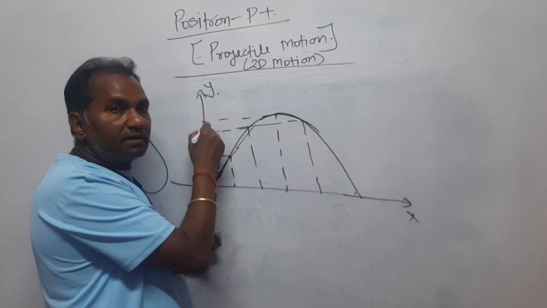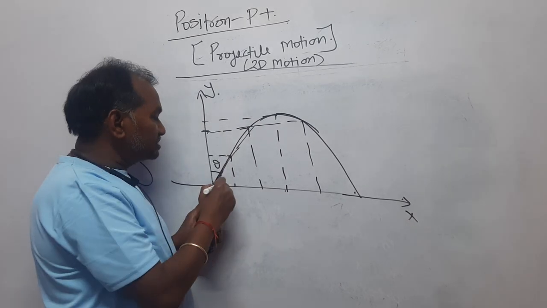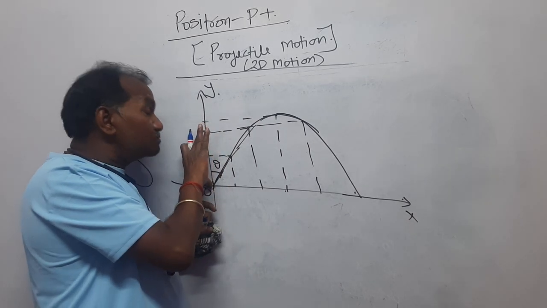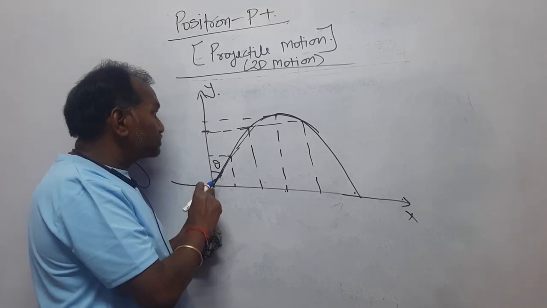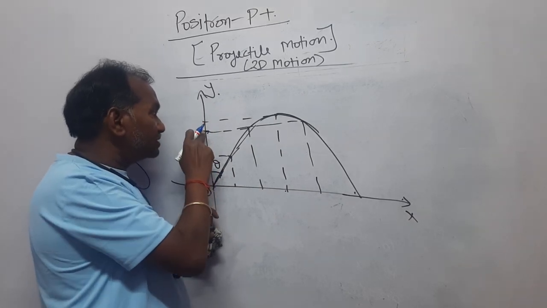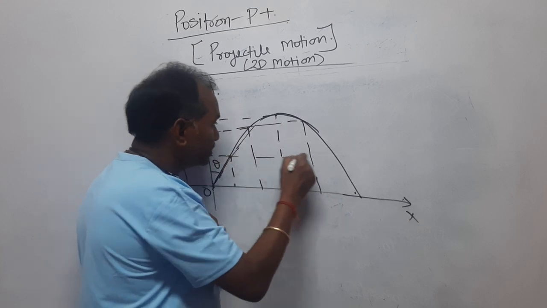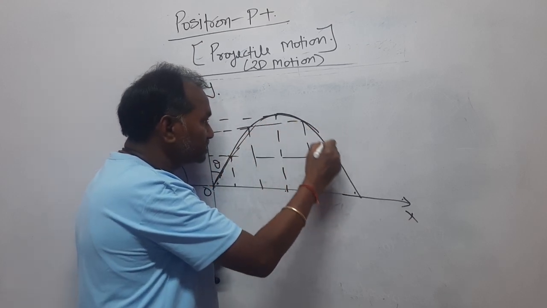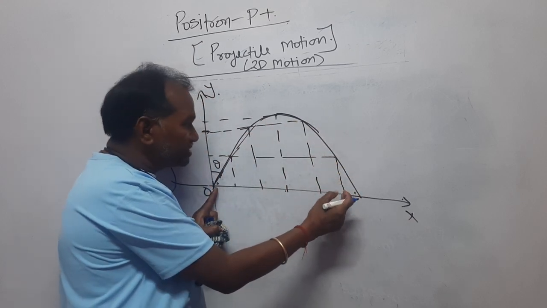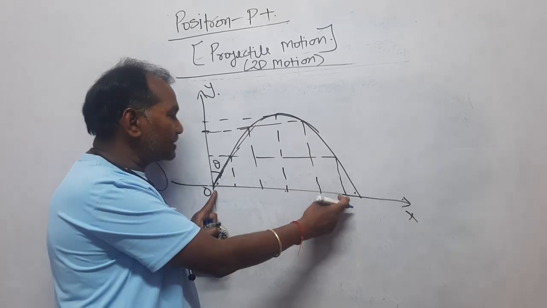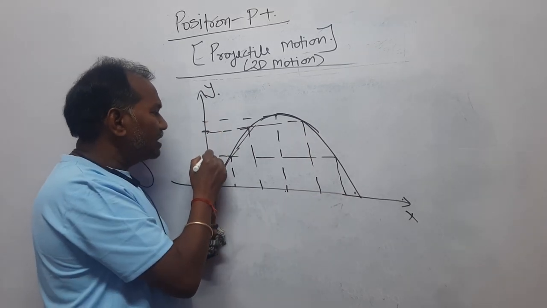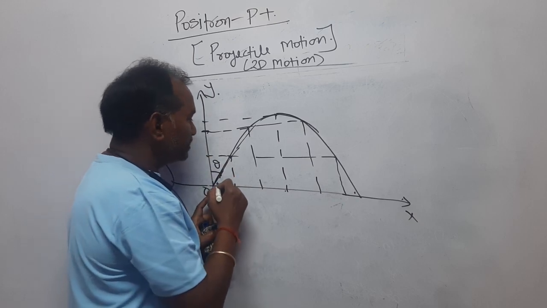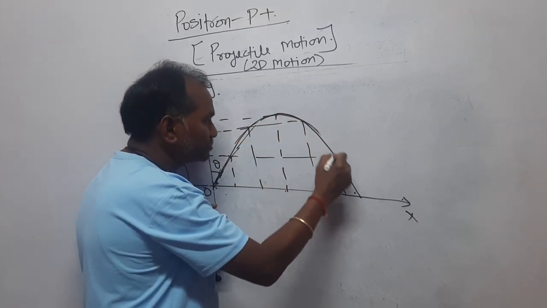On the y-axis, you can say the displacement is that much, but actually the body goes from here to the maximum height and then comes back to here. When the body comes to this very point, in the meantime it travels this much distance on the x-axis, whereas on the y-axis it goes to the maximum height and returns back to here. And in the meantime the body comes to the ground here.